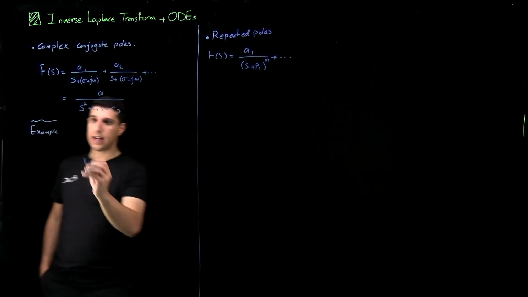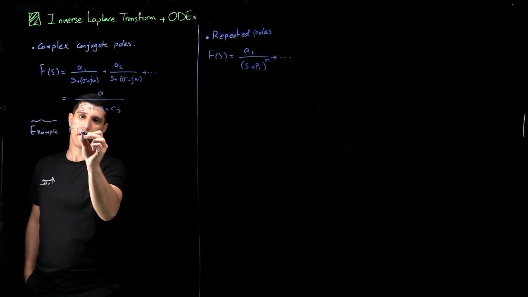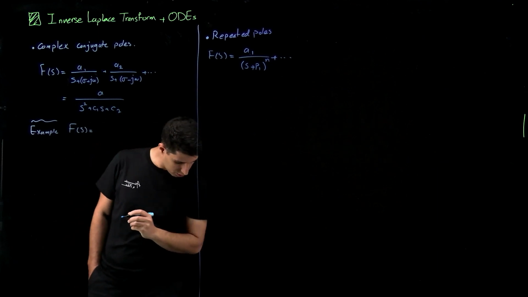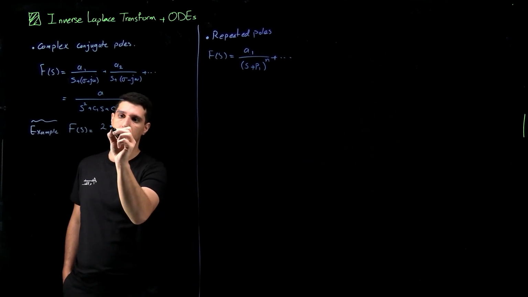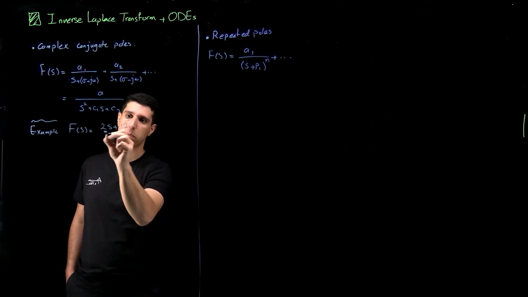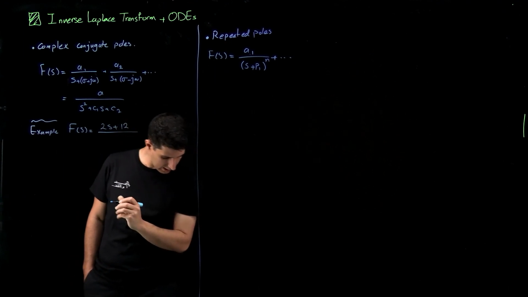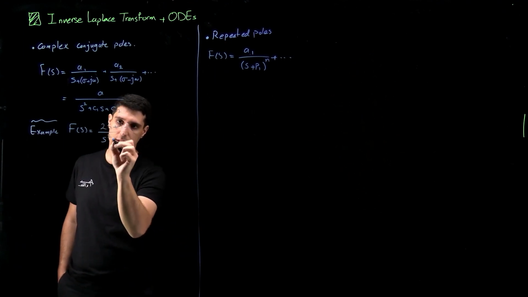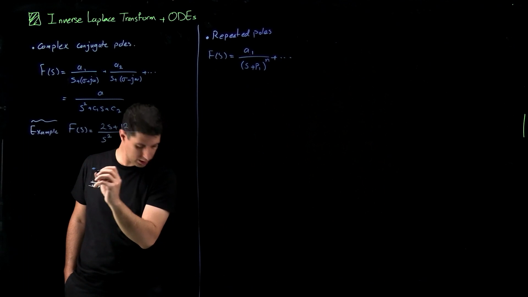So my F of s equals 2s plus 12 divided by s squared plus 2s plus 5.